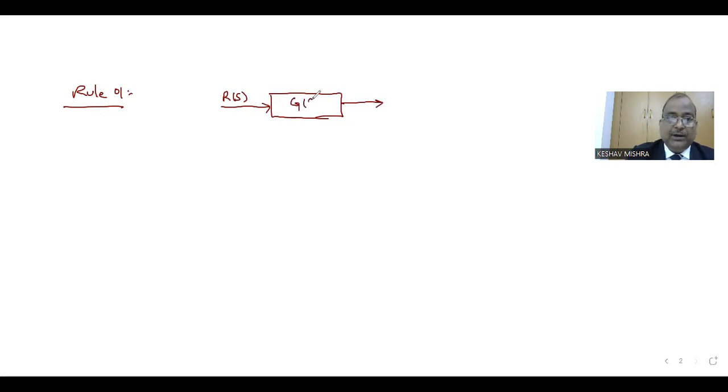This block relates the input and output quantities by the transfer function, which is defined as the output quantity in Laplace transformed form C(s) to the input quantity R(s). This is the transfer function relating output quantity C(s) and R(s).